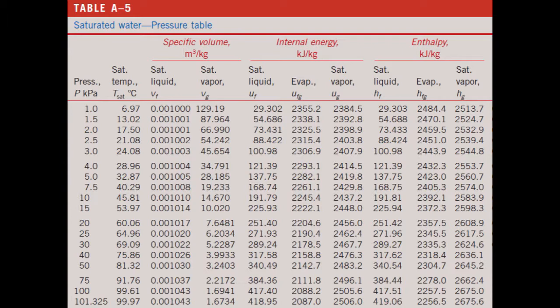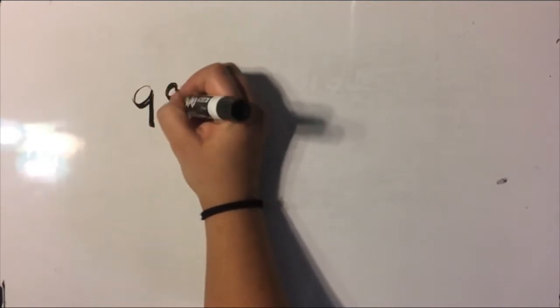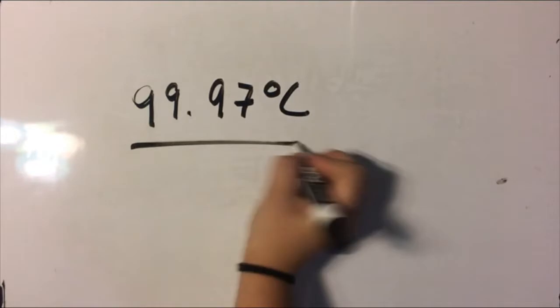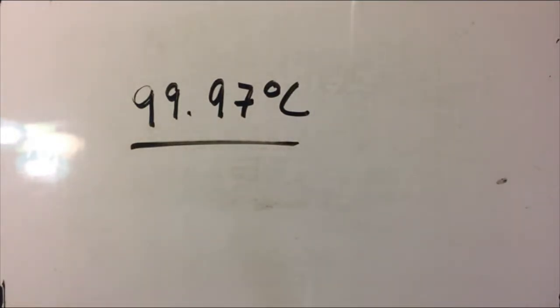And then that gives us our temperature. So we know that our steam is going to exit the valve at 99.97 degrees C. So that gives us our answer for part A.